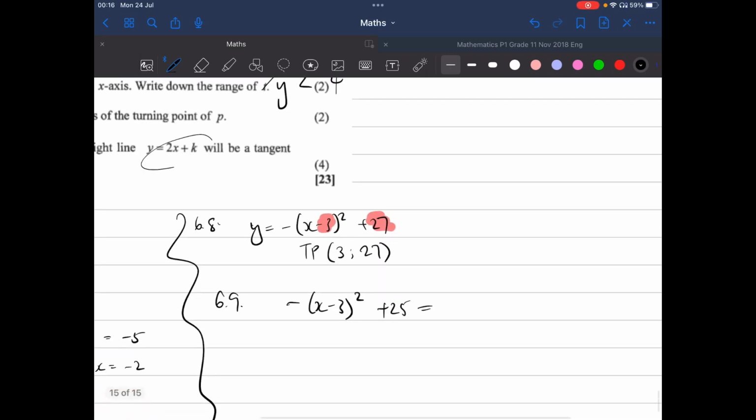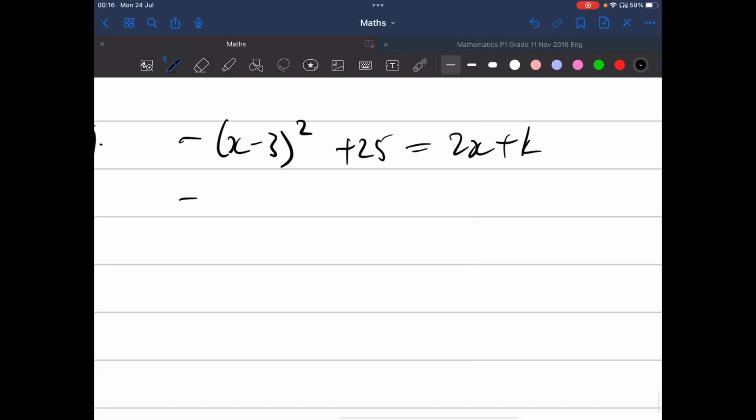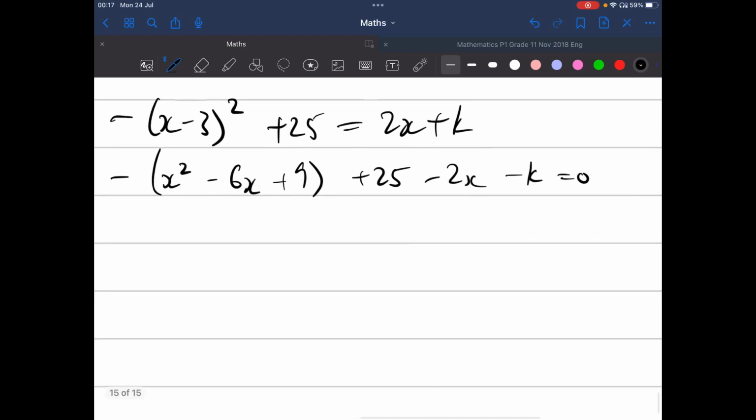equals, and now we equate it to 2x plus k. Let's square our binomial here, so x squared minus 6x, because I multiply them, that gives me minus 3x, and then I double it, so minus 6x, plus 9 plus 25, and then I'll bring these terms to this side, so minus 2x minus k equals 0.